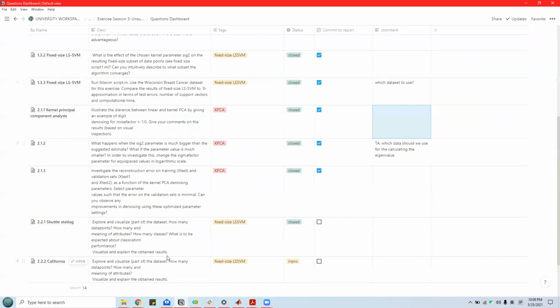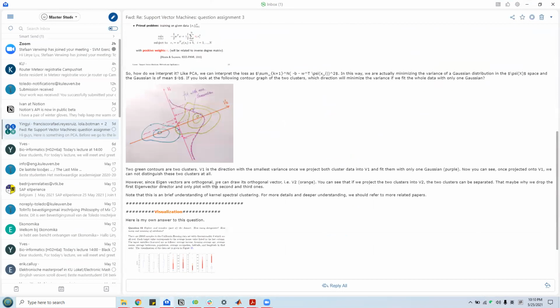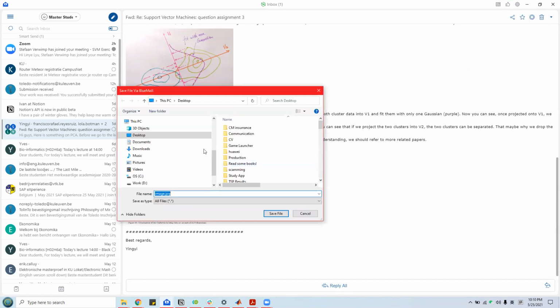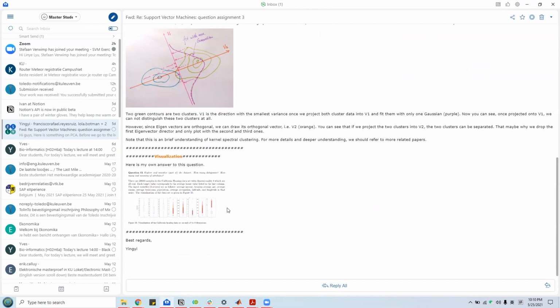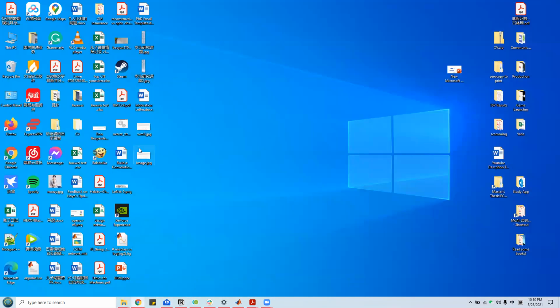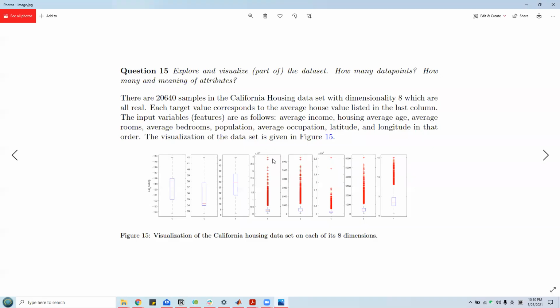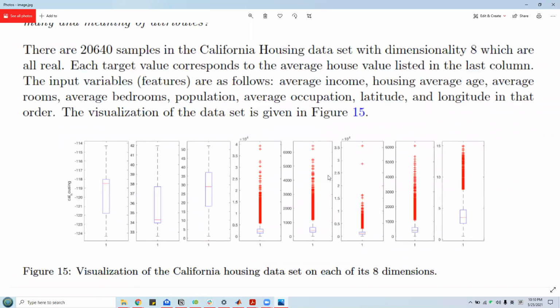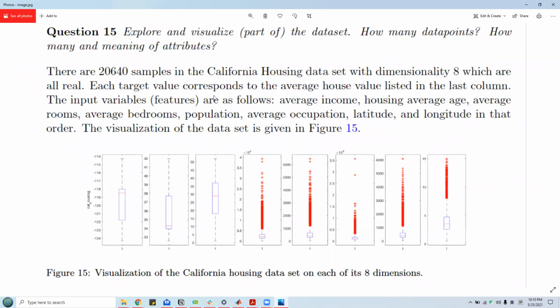One method from the TA is a box plot or something like this. You can also do it here, but it's your choice how you want to visualize this.